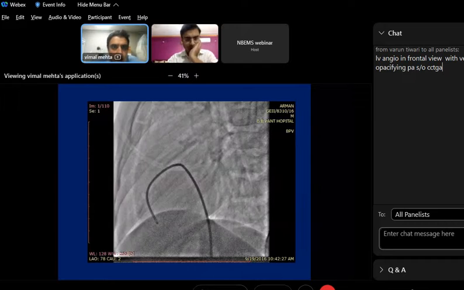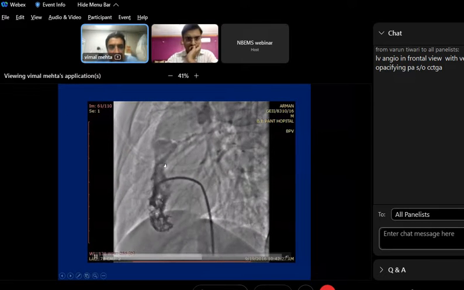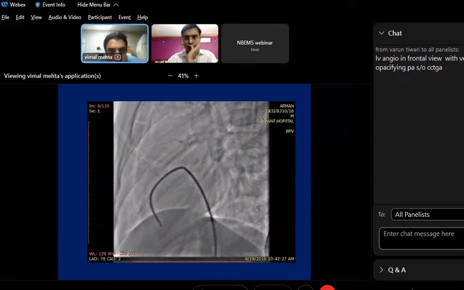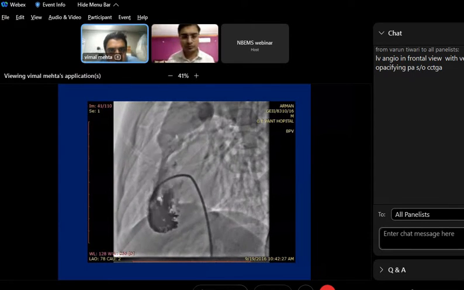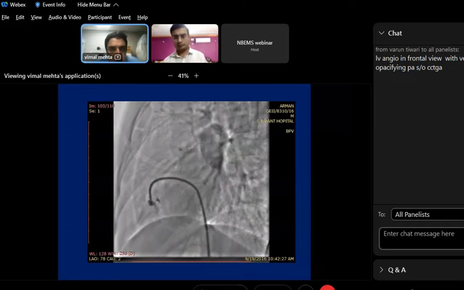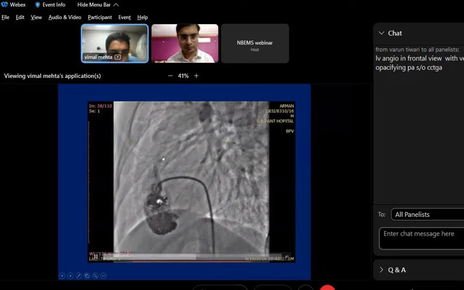You have to tell. Another important point which I didn't mention is that we have to see the infundibulum. Many patients have acquired pulmonary infundibular stenosis, which resolves in some time after opening up the pulmonary valve. Many patients will not have this, and here I don't think this patient has this.